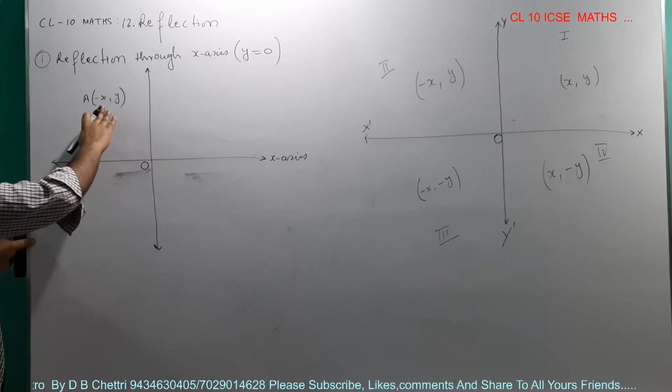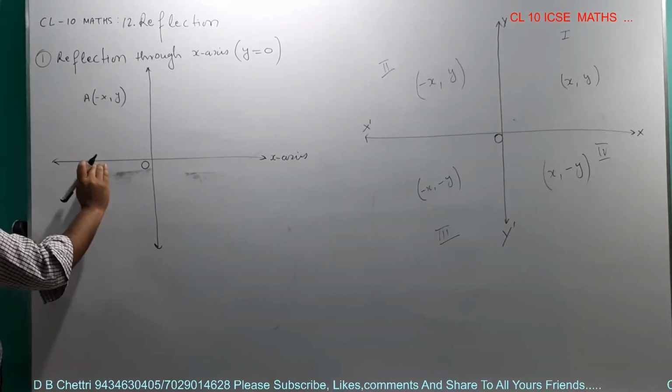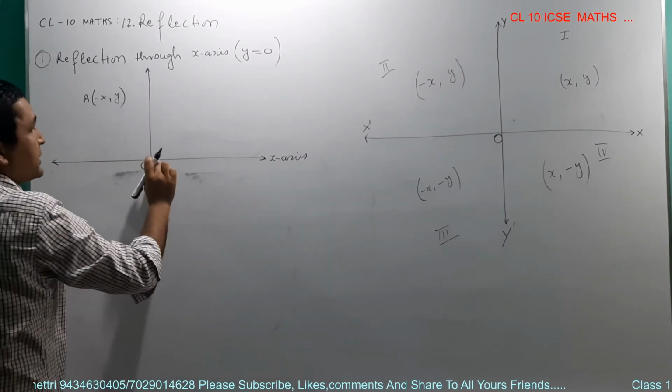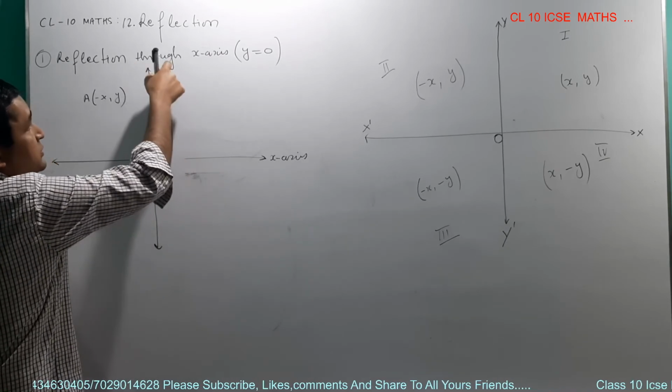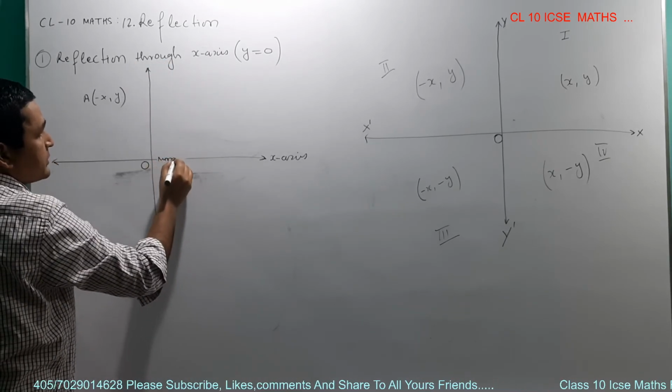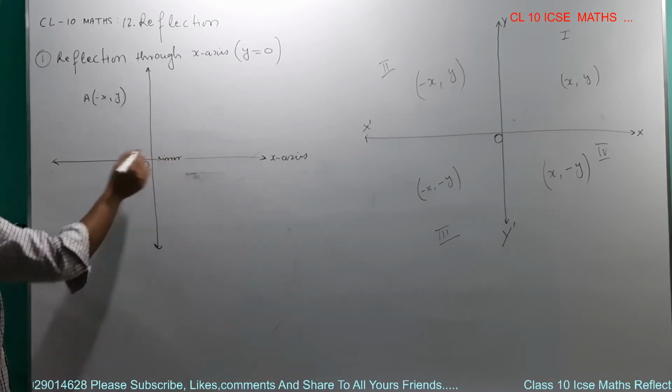When this object reflects through this mirror, the x-axis is the mirror. Reflection through the x-axis means this is the mirror.